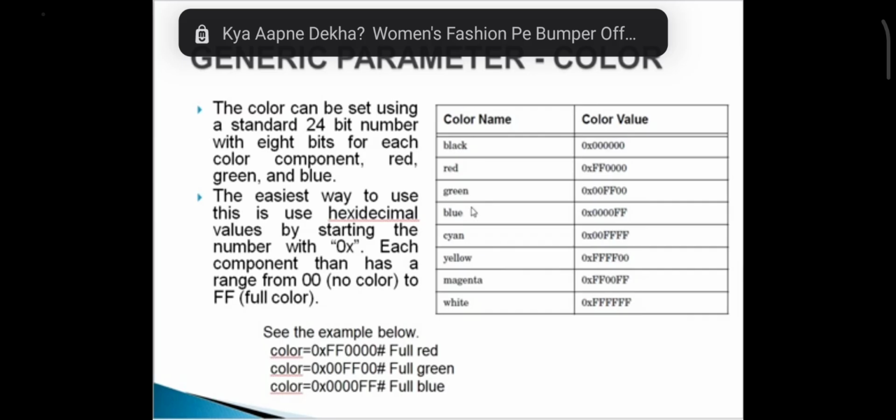For example, black is 0x followed by six 0s, red is 0x FF0000, and white is 0x followed by six Fs. See the example below. This color will represent full red, this color will represent full green, and the color with this hexadecimal code represents full blue.